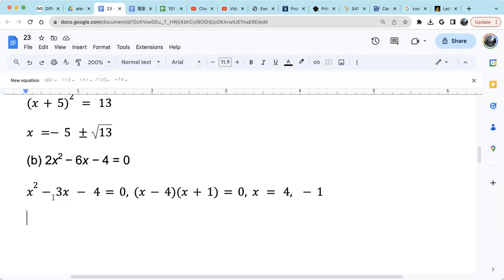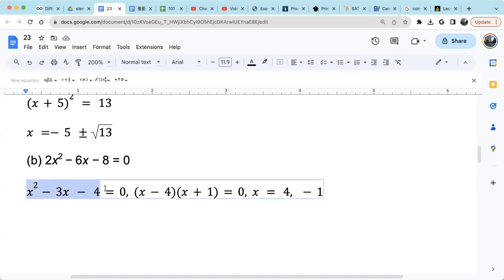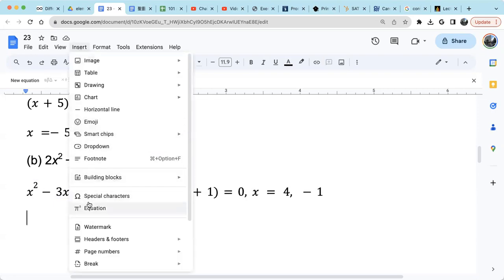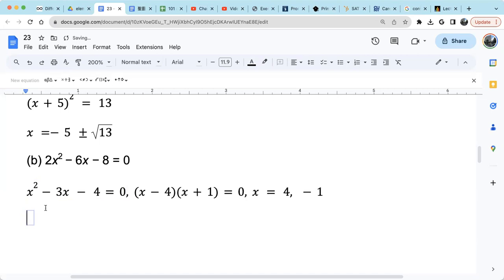Oh, hold on a second. I need to change this one to be 8 in order to get this. So I change the numbers a little bit so we don't have to get too much into fractions. But still, we need to get into fractions for completing squares. Because we're thinking 3 divided by 2.